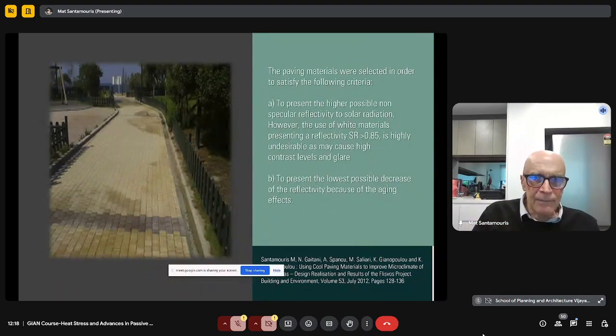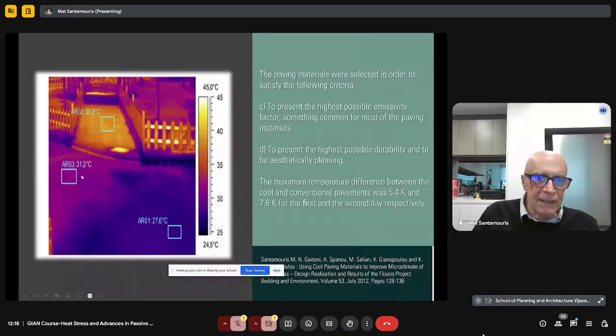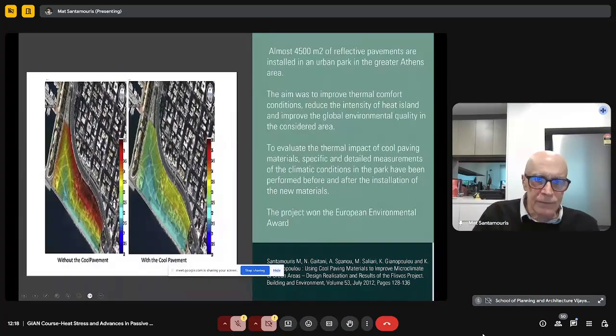They have exactly the same color as the conventional ones, but once we compare their temperature, the difference is very, very high. For example, see the temperature of the old pavements of the same color and the temperature of the pavements which are reflective. So you see about 7-8 degrees lower surface temperature.